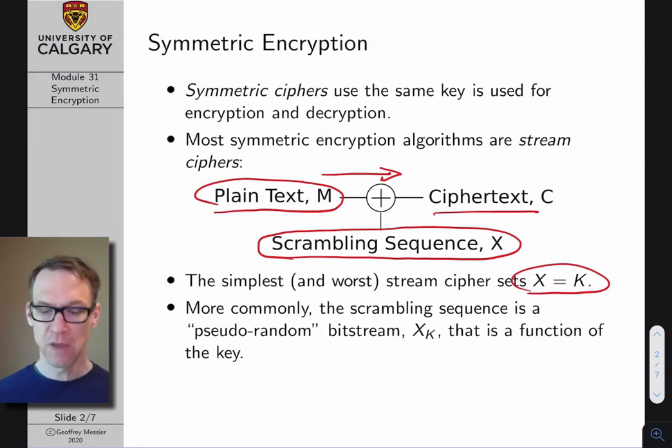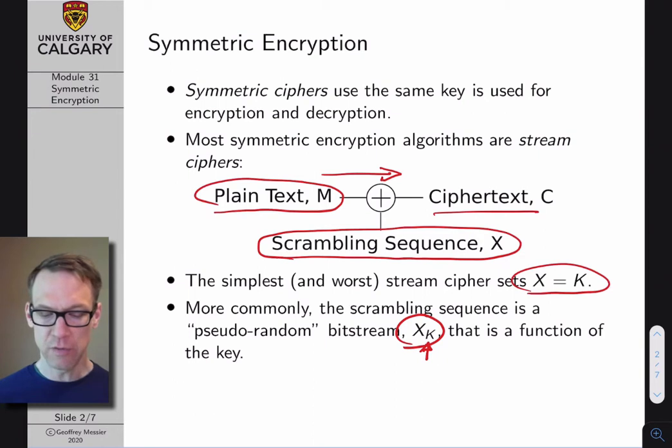More commonly, the scrambling sequence is what we call a pseudo-random bit stream that is a function of the key. I'm going to write this scrambling sequence as X sub K, and the subscript K indicates that the sequence X takes the encryption key as an argument, or said another way, the encryption key is used to generate the scrambling sequence.